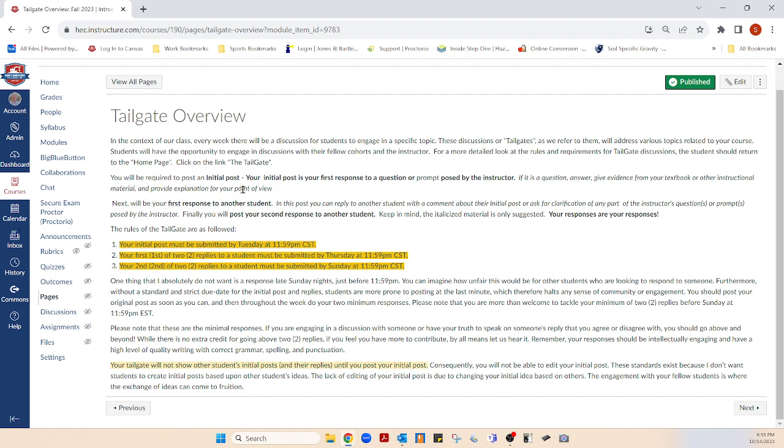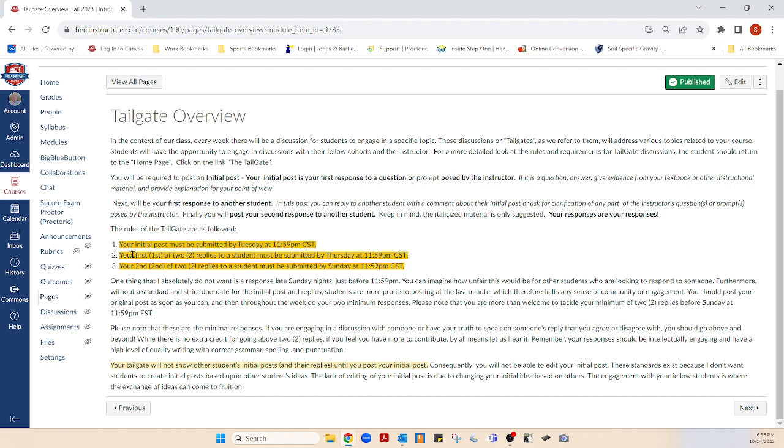It says you're required to make an initial post, and right here, your initial post must be submitted by 11:59 midnight, I guess, Central Standard Time on Tuesday of, well, it'll be next week. We'll be in a different week. And then you also have to respond to another student.